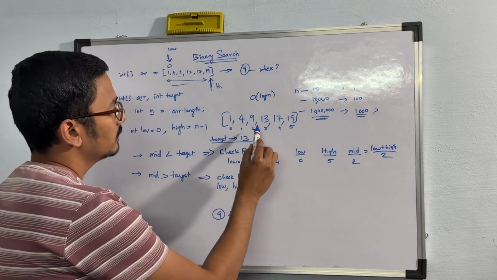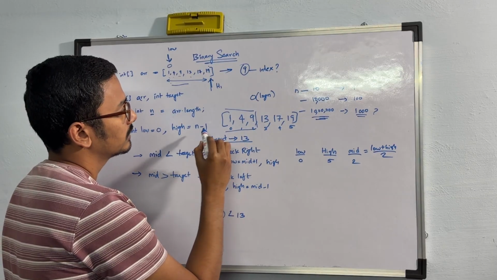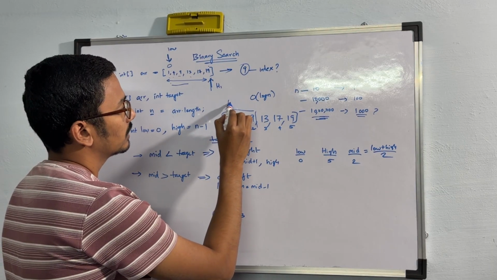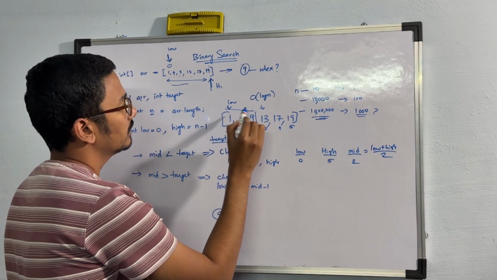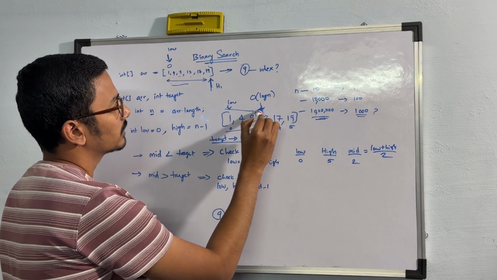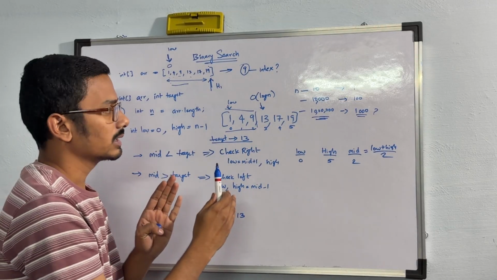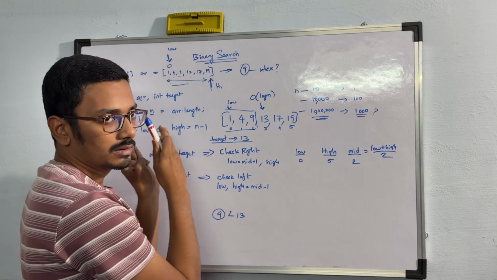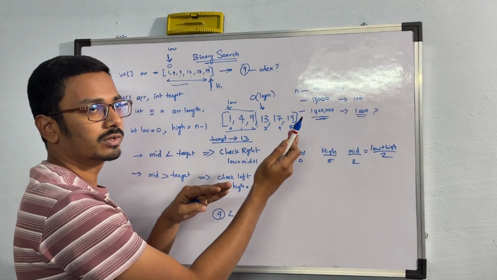So what we will do, this portion we will just leave. We set our lower boundary to here, moving it because of the condition. It is a basic sense: in ascending order the numbers keep on increasing from left to right.